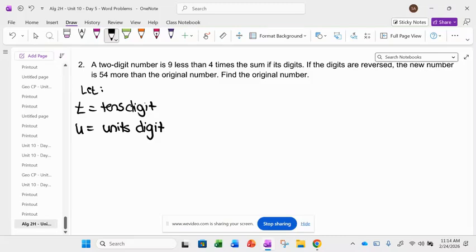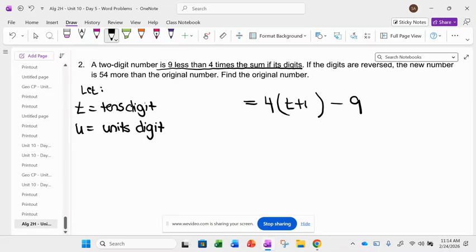Okay, so it says a 2-digit number is 9 less than 4 times the sum of the digits. I'm going to forget that first part right now. So is 9 less, so that's minus 9, less than 4 times the sum of its digits.